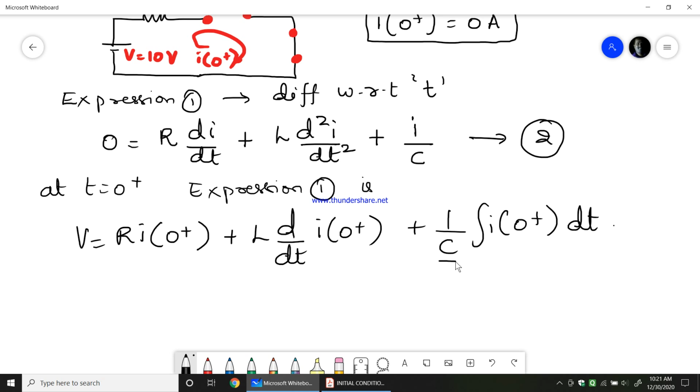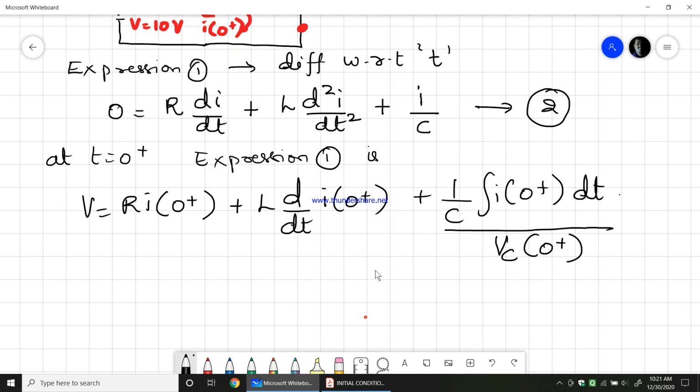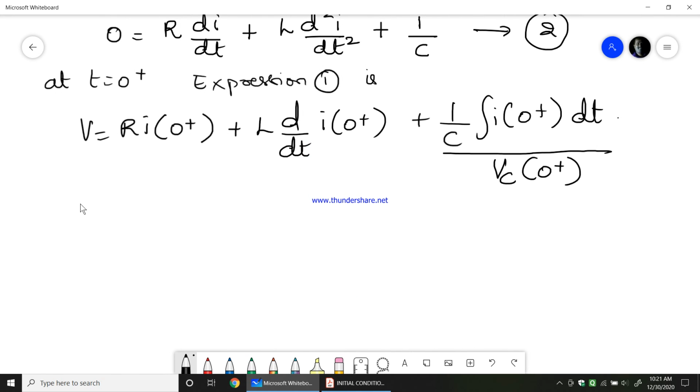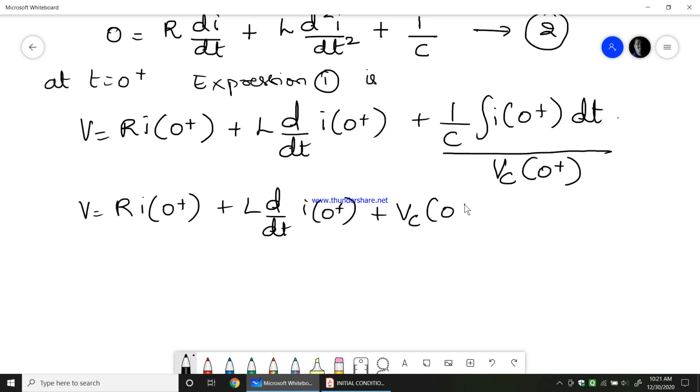As we know, this is the voltage across the capacitor, we can also write this as Vc of 0 plus. Therefore V equals R into I of 0 plus plus L into d by dt of I of 0 plus plus Vc of 0 plus.